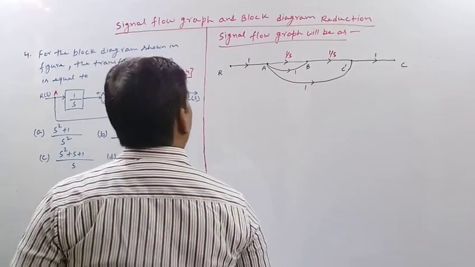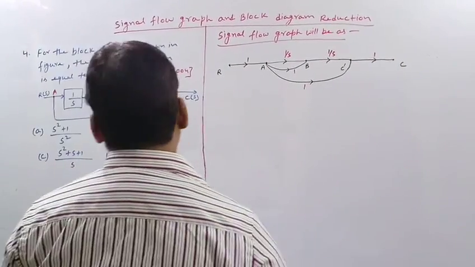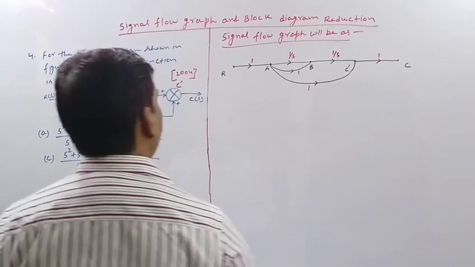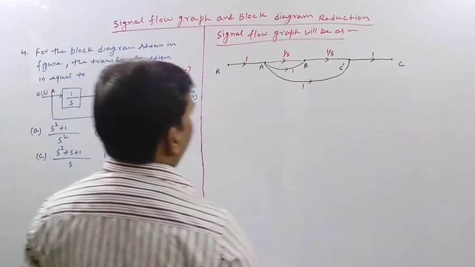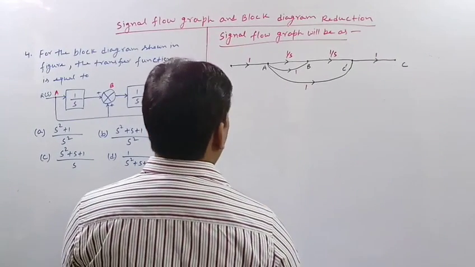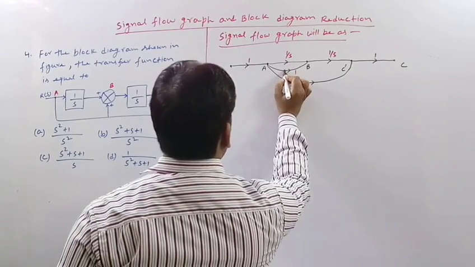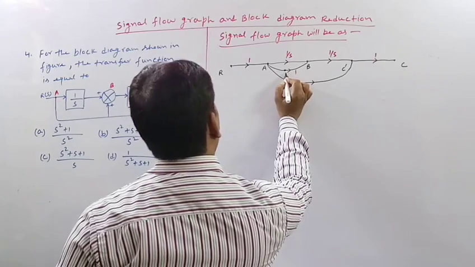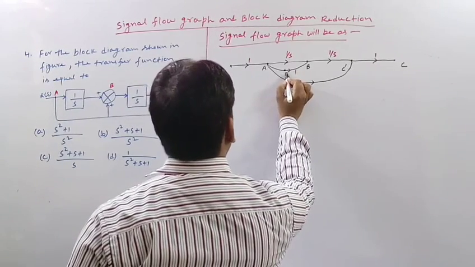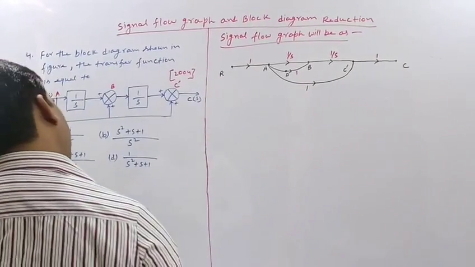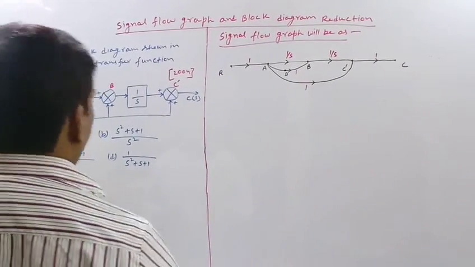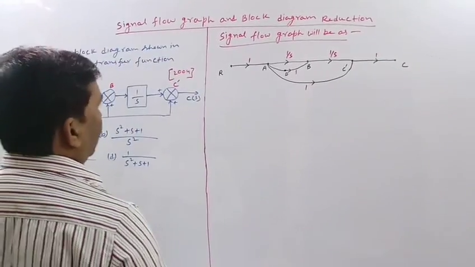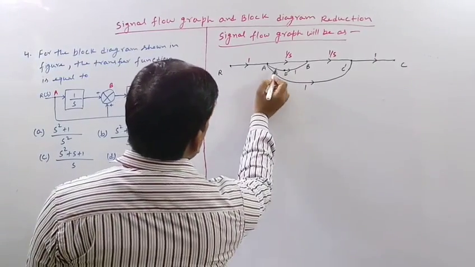Now let us denote this point as D. If we denote this point as D, then what will be the path gain from A to D?